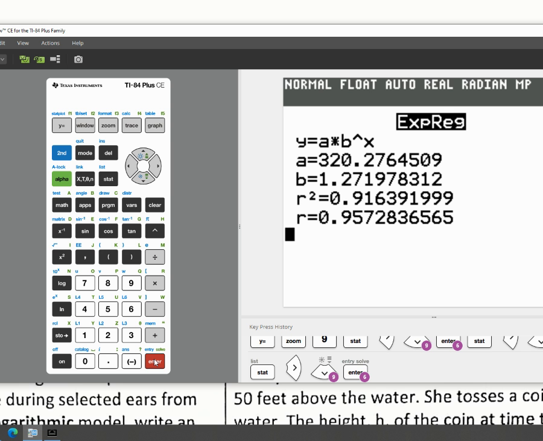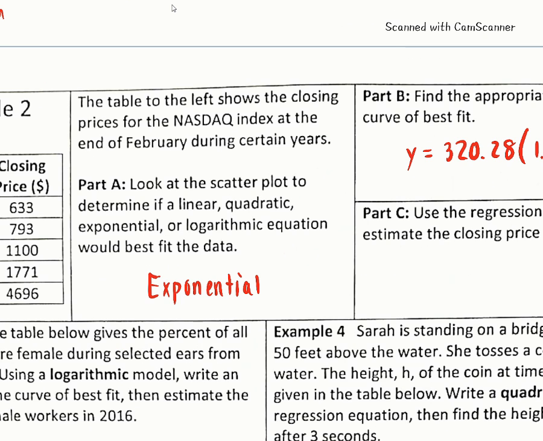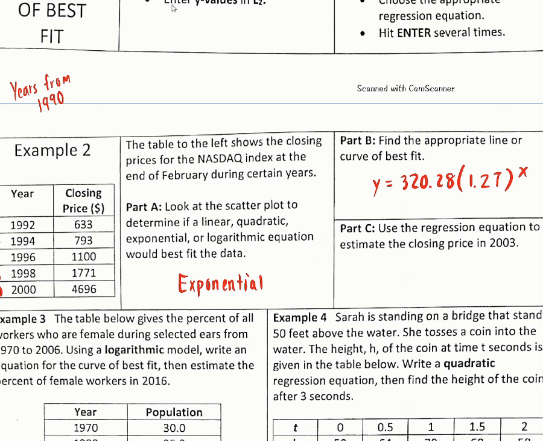What's B? 1.27 raised to the x power. So here's my equation, guys. 320.28 times 1.27 raised to the x. I can be pretty comfortable with that because my correlation coefficient was really close to 1.